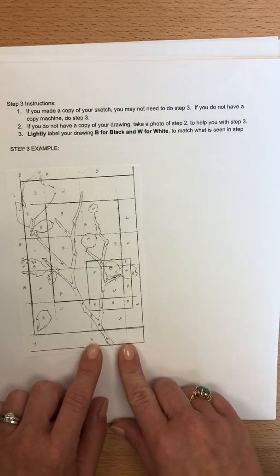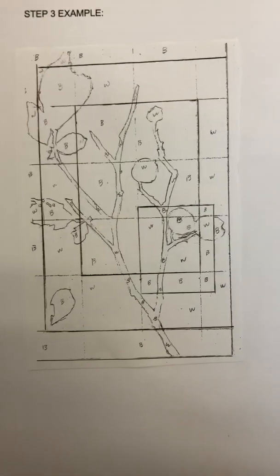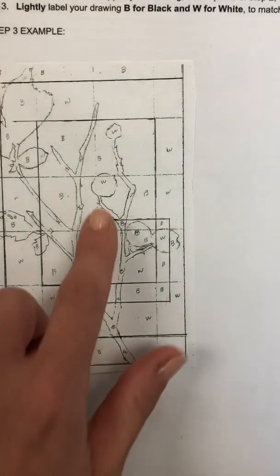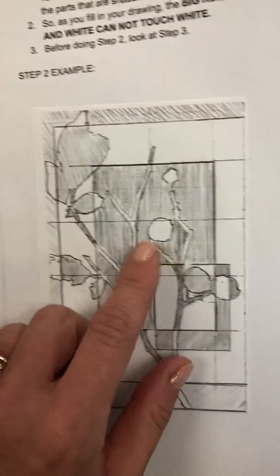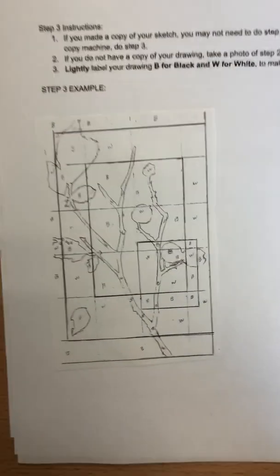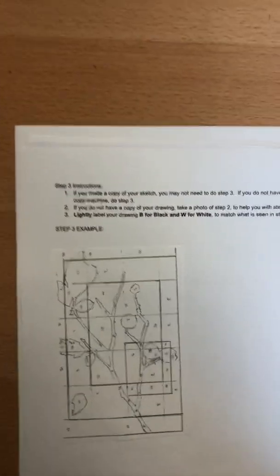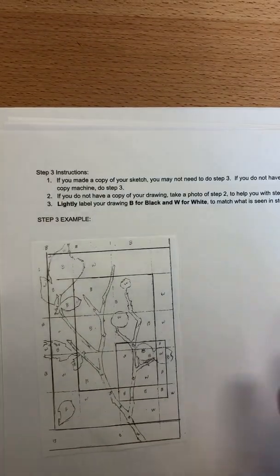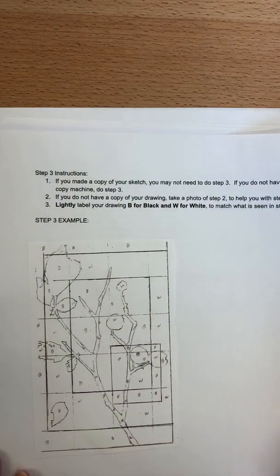So what I did is very lightly, I don't know if y'all can see this, but very lightly, I ended up labeling what is white. So W for white, and you can kind of see that's white and all that. I did that so that when you actually start adding shapes and things like that to this piece, you'll be able to easily add some things.